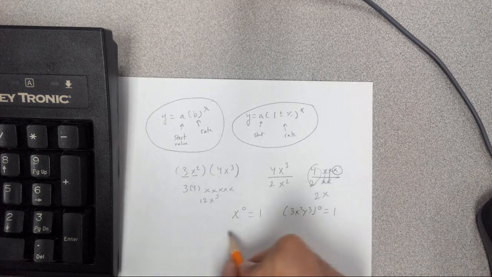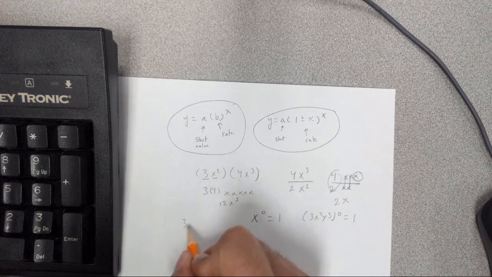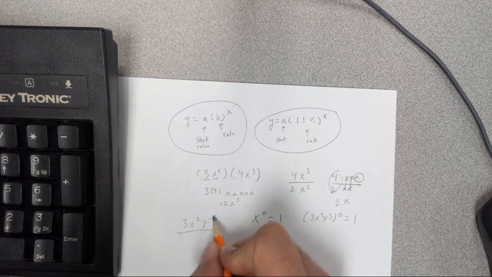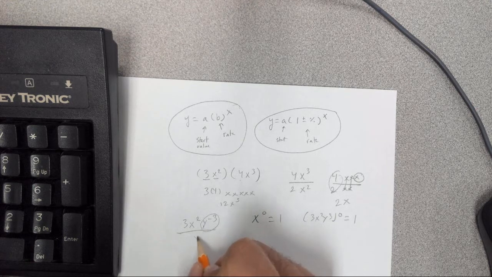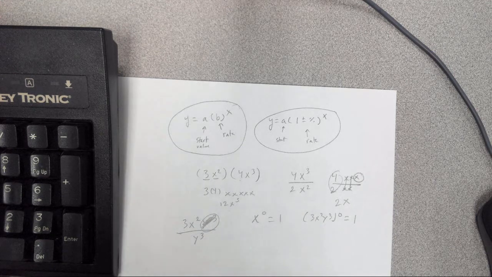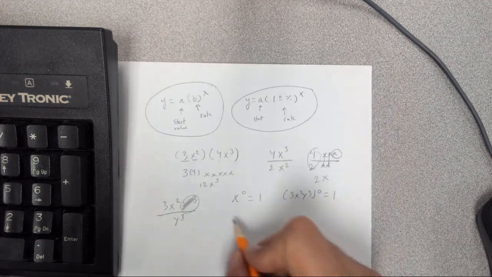Another rule has to do with what happens if you have a negative exponent. So if you have 3x squared y to the negative 3, if it's a negative exponent, just move it to the bottom. If it's in the bottom, move it to the top and scratch it out, and the negative is gone. The last rule has to do with parentheses.